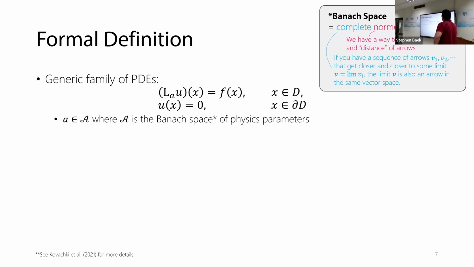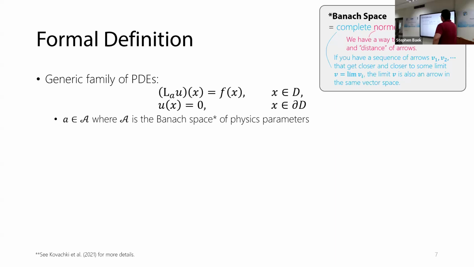Also here, we define the boundary condition. At the boundary of the domain, we say that we have a Dirichlet condition where the value of u is 0 at the boundary, but later we're going to relax this constraint and make it work for a more generic family of PDEs.